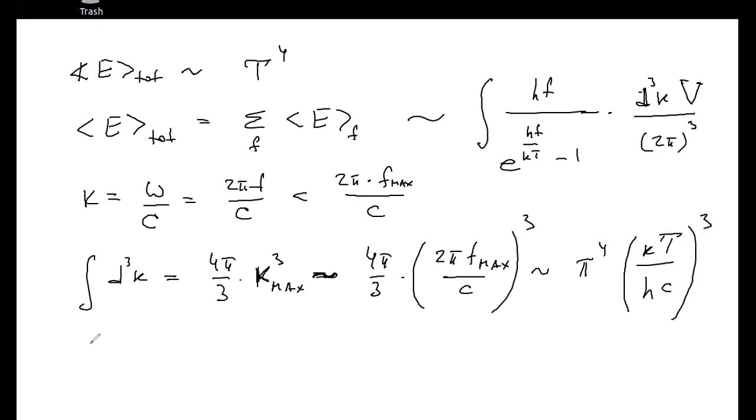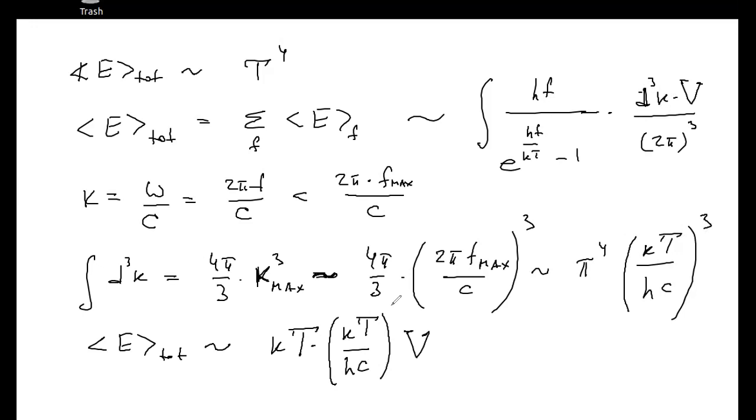And I'm gonna get the total energy proportional to the typical energy of light of a given frequency, which is kT, multiplied by the normal volume in space, and also multiplied by the volume in k vector space, which is kT over hc, cubed.